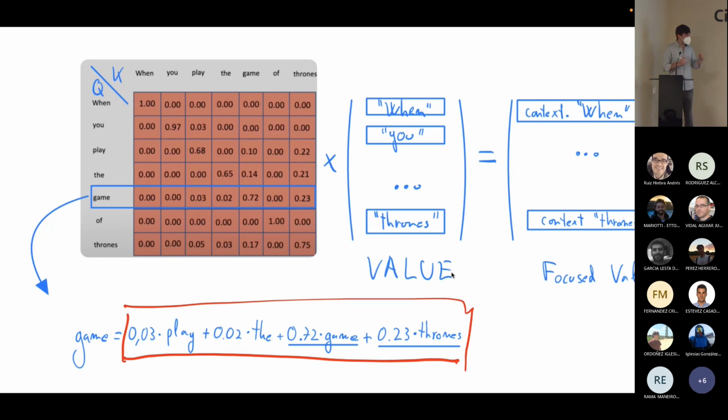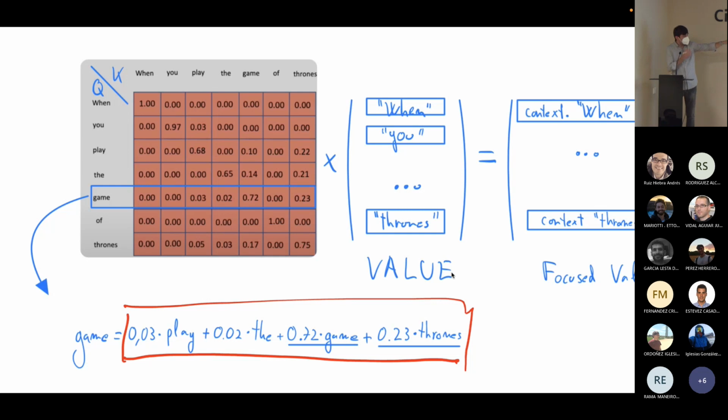We want to express the meaning of game in relation to the rest of the words. The logical thing is that most of the meaning comes from game, but because it is Game of Thrones, it comes from game but also from Thrones.